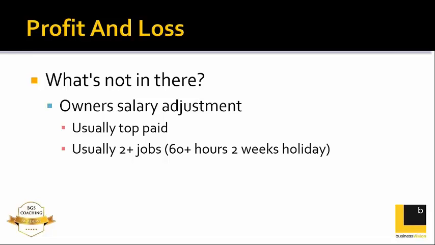So they need to work out a figure and say, well, if somebody in my position would earn 40,000 working somewhere else, and I'm working twice as hard, then really I should be getting 80,000. Doesn't mean they have to get paid 80,000, but they need to know that that's what the accounts should cover. And that's the figure that would go into the accounts as an adjustment.